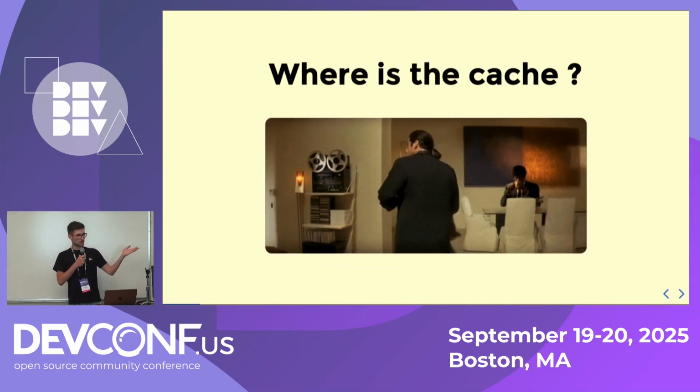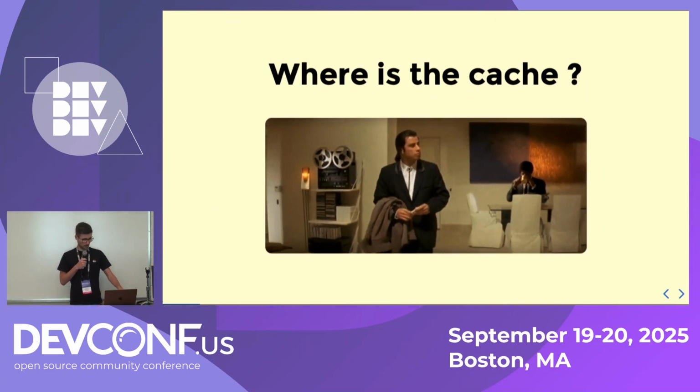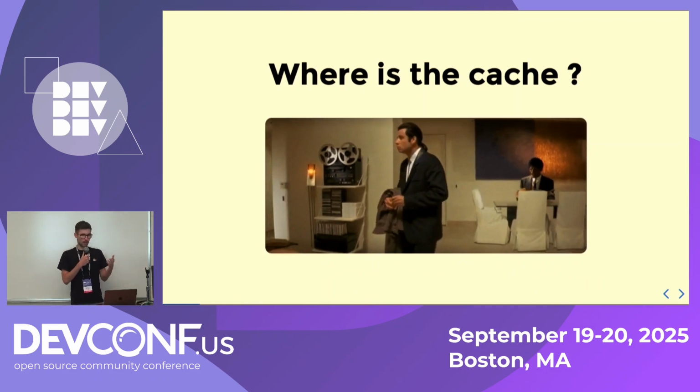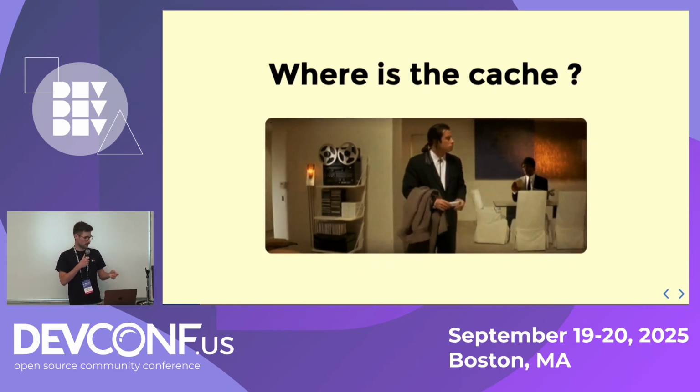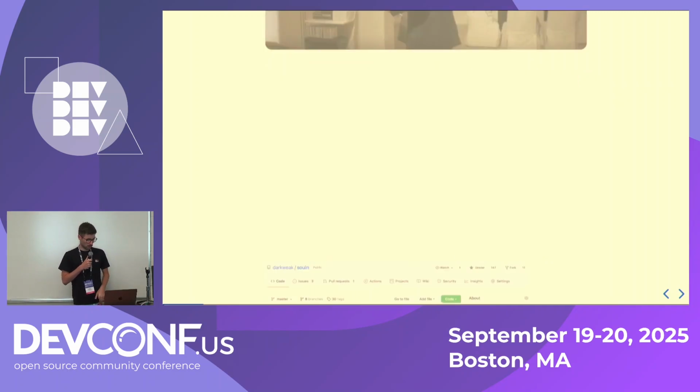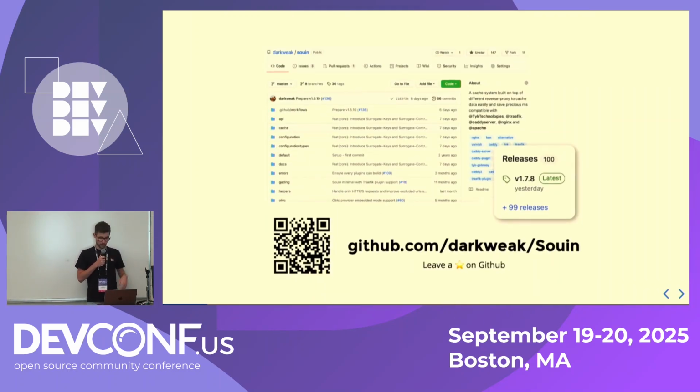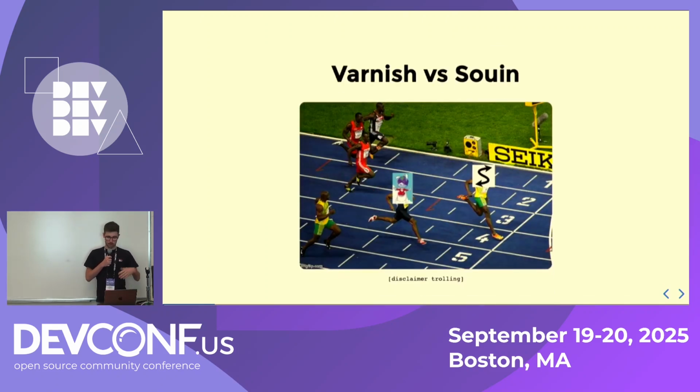And as Træfik is written in Go, I started to code my own HTTP cache system called Sylvain. You can find it on GitHub. It's backed by Caddy also. So let's see how to make our code faster than existing systems, and here is how much faster Sylvain is versus Varnish.